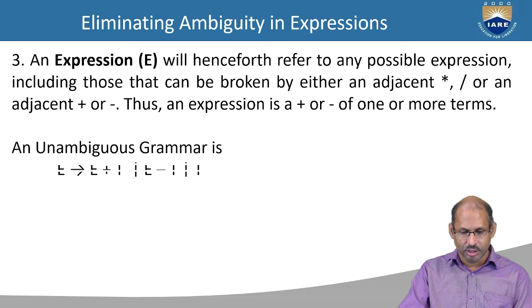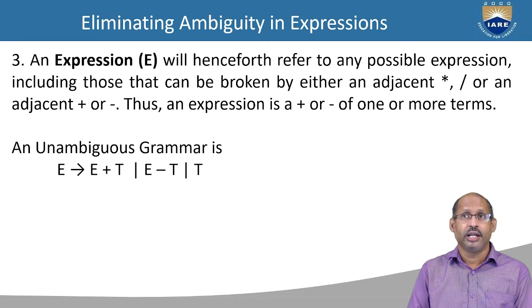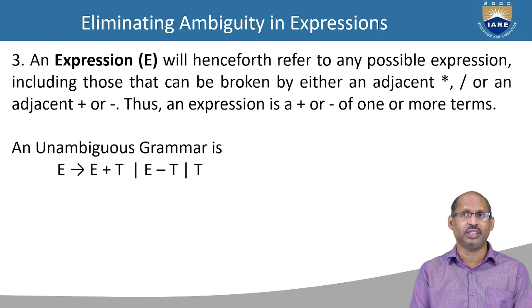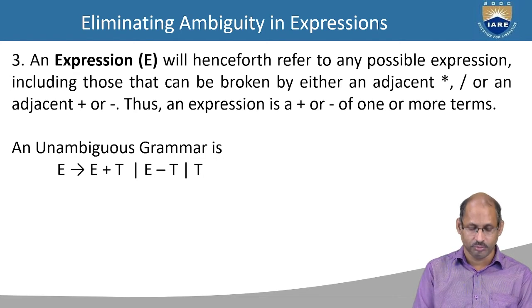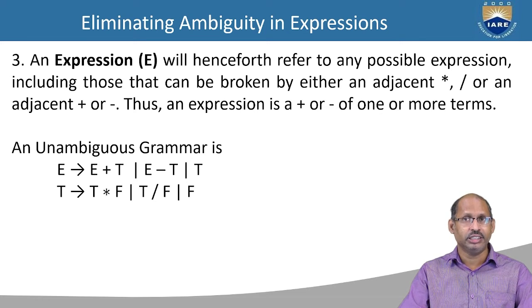Then an expression. An expression cannot be broken by either an adjacent multiplication or division, or an adjacent addition or subtraction. Thus an expression is an addition or subtraction of one or more terms. So the grammar is now E gives E plus T, or E minus T, or T. What is the term?